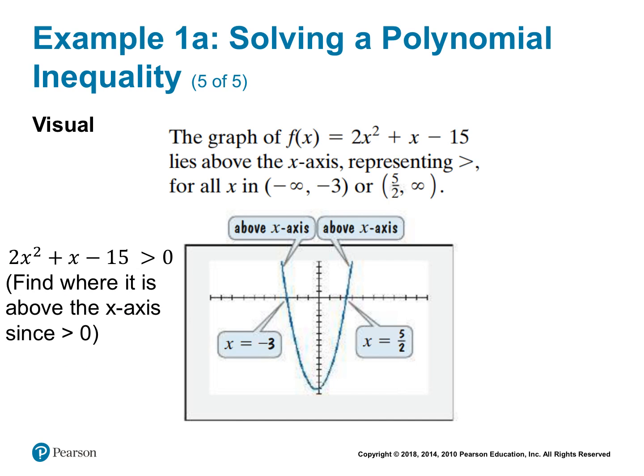And here's a visual to show why that works. So we have our original here. We need to find where it is above the x-axis since we're looking for greater than 0. So you can see it's above the x-axis from 5/2 to positive infinity, and also from -3 to negative infinity.